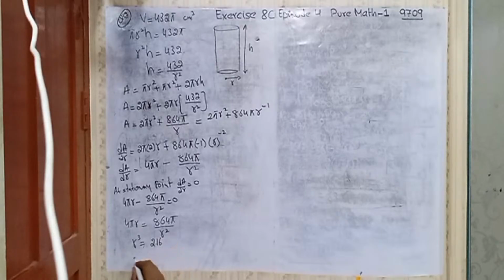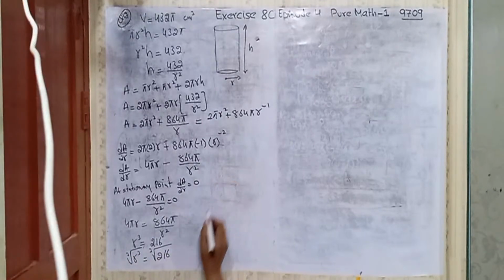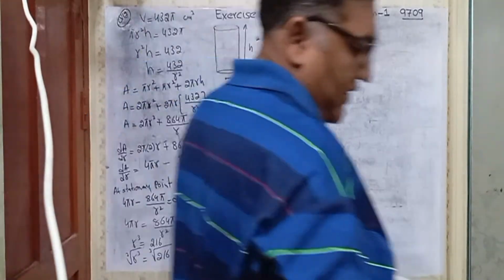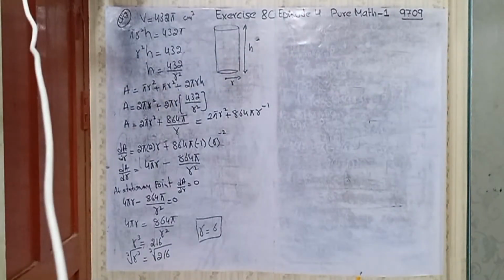So then take the cube root on both the sides. Okay. So then the r value will be, the r will be equal to how much? I think 6. The value of r will be 6. So at the stationary point, the value of r will be 6. So at r equals 6, I think there will be a stationary point.